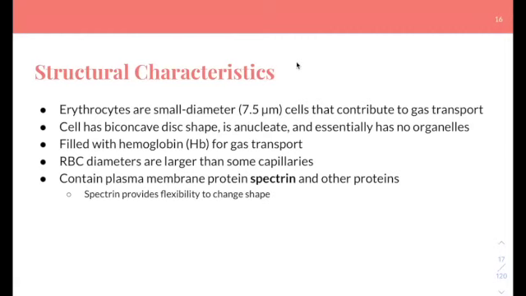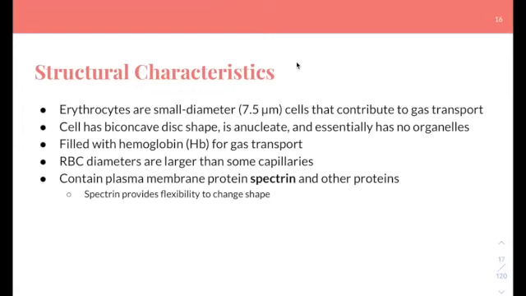Those red blood cells are mostly made up of hemoglobin, because that hemoglobin is what binds the oxygen and carbon dioxide. Most red blood cells are actually bigger than the smallest capillaries in the body, so they go through the capillaries in almost a single file line.